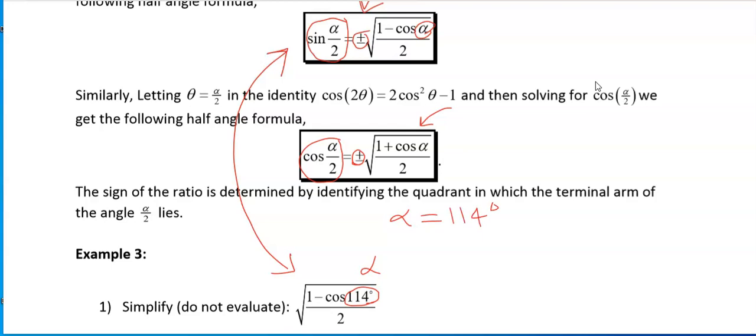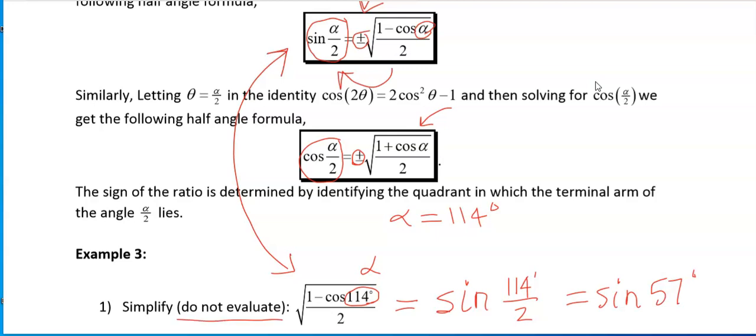So if we were to simplify, in other words, just go backwards in our expression, this should equal the sine of, when alpha is 114, so that's 114 over 2. So it is equal to the sine of 57 degrees. There you go. You've simplified it.